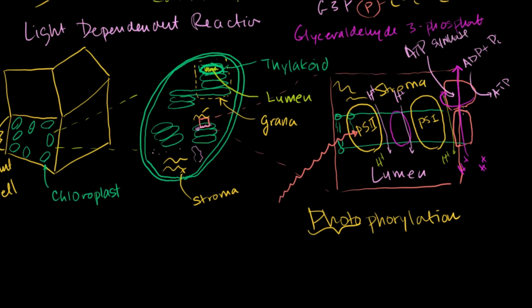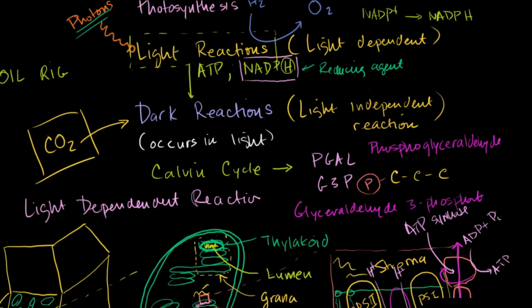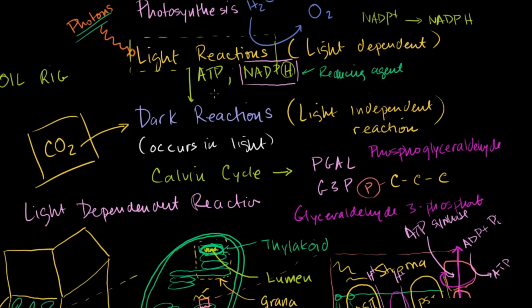Now, when I originally talked about the light reactions and the dark reactions, I said the light reactions have two byproducts: ATP, and also NAD. Actually, it has three. It has ATP, and it also has NADPH. NADP is reduced. It gains these electrons and these hydrogens. So where does that show up?